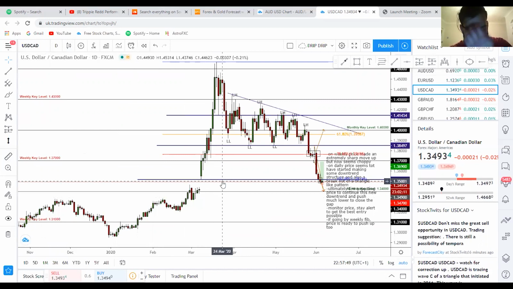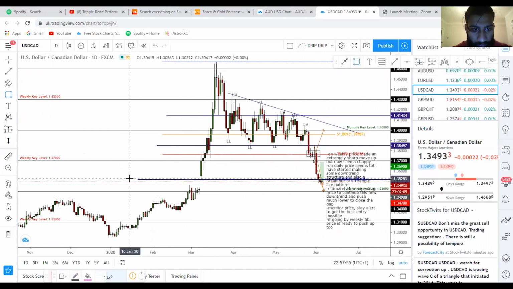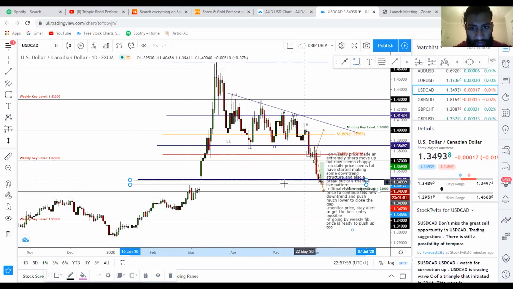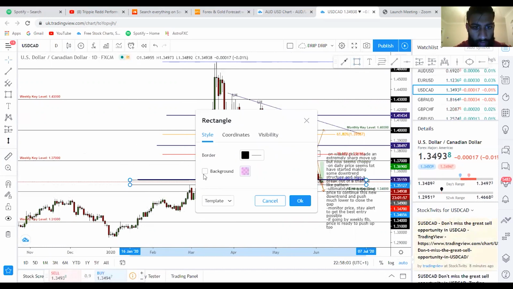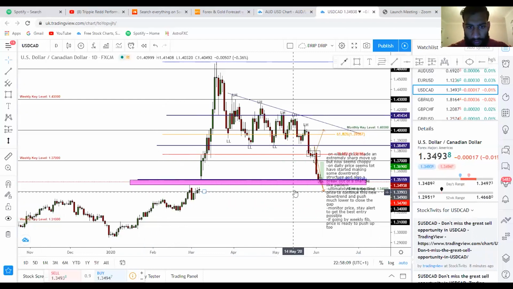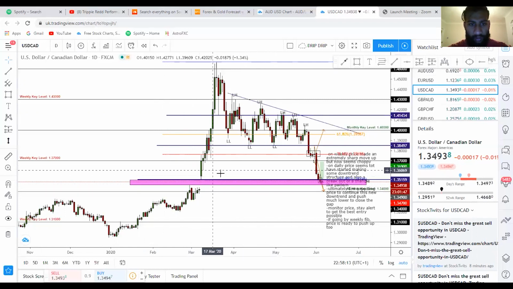The level of support kind of ranges from this over here all the way across like that, right? Let's change the color so it's more visible. There we go. So we can see that this is sort of a level of support, currently support, former resistance, rejecting price over here.